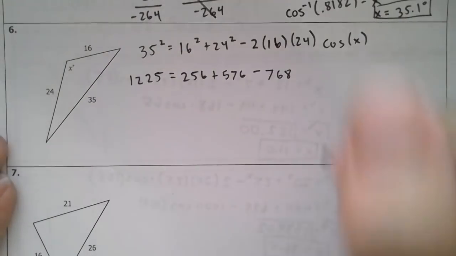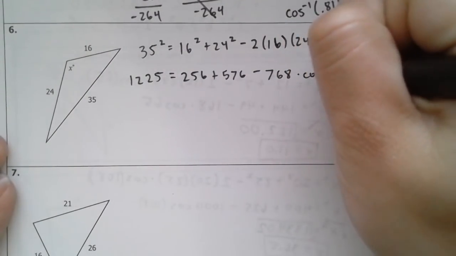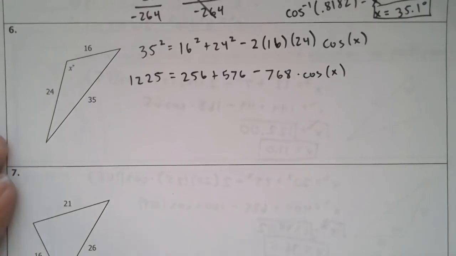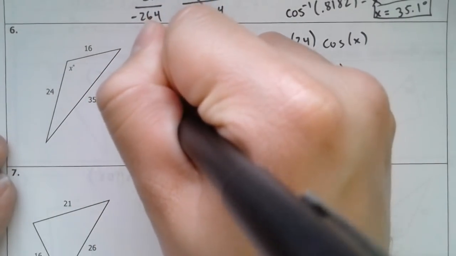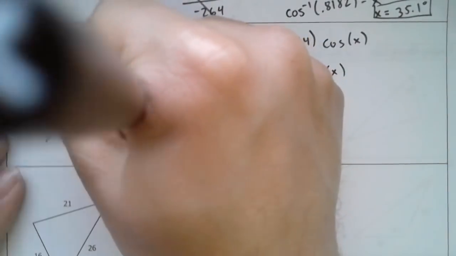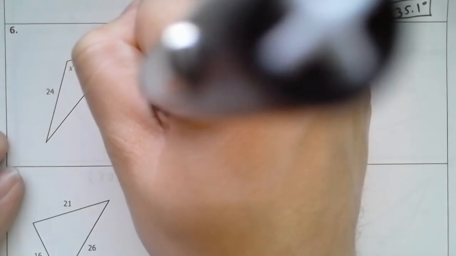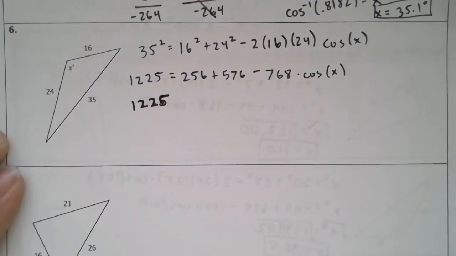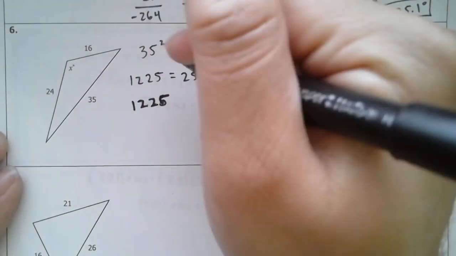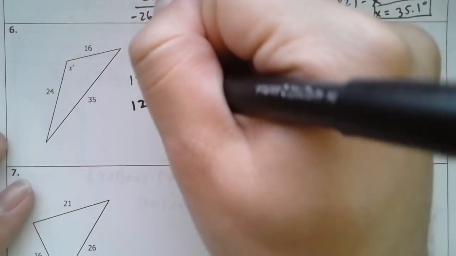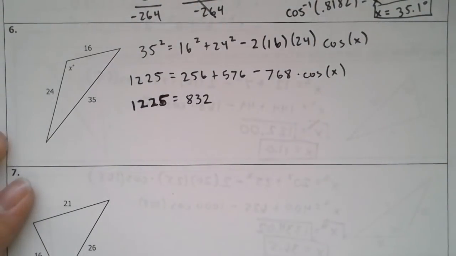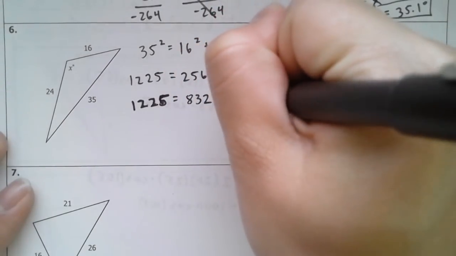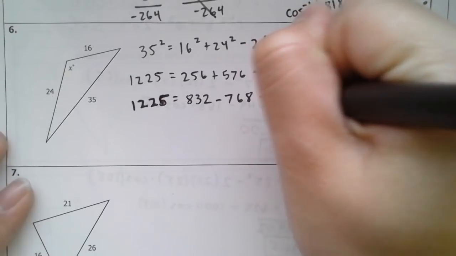Times cosine of x. When you add those two up, I made a mistake here, you're going to get 1225 is equal to 832 minus 768 times the cosine of x.